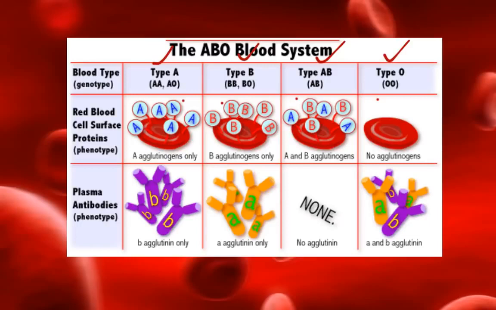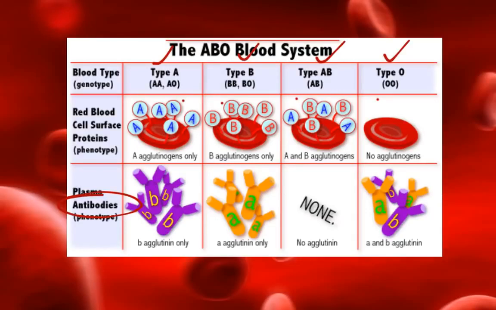What's interesting is that if you have type A blood, you build up B antibodies. An antibody is a protein that helps destroy or fight off things that don't belong in your blood and in your body.